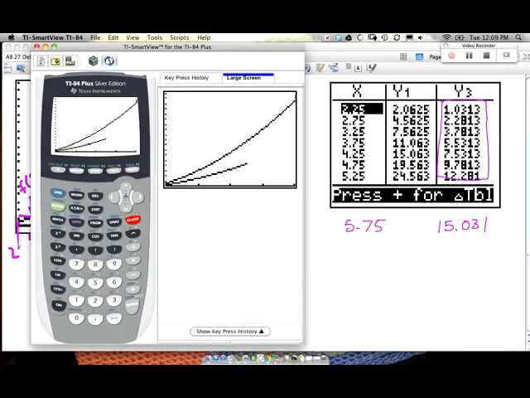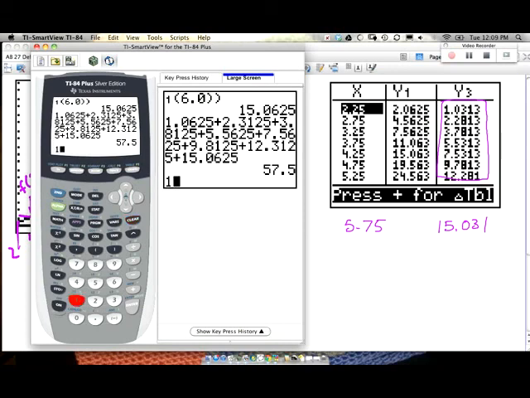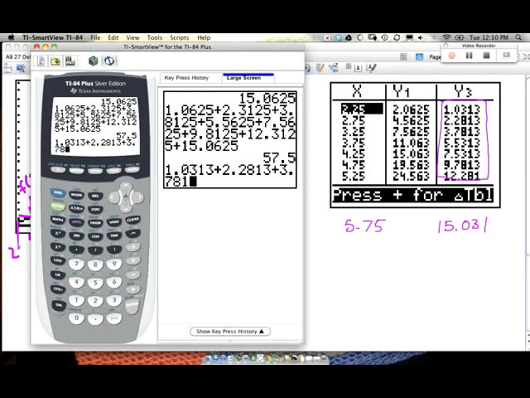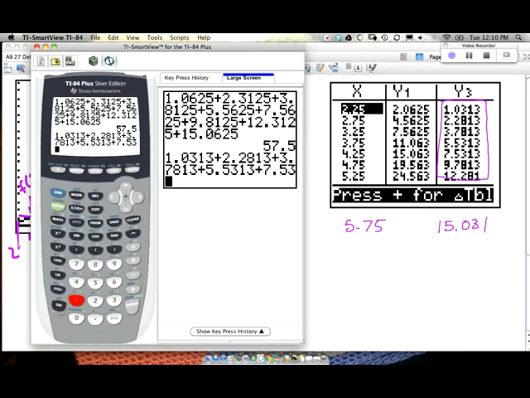We go to our graph, we can clear these, and we're going to add these up. 1.0313 plus 2.2813 plus 3.7813 plus 5.5313 plus 7.5313 plus 9.7813 and plus 12.281.